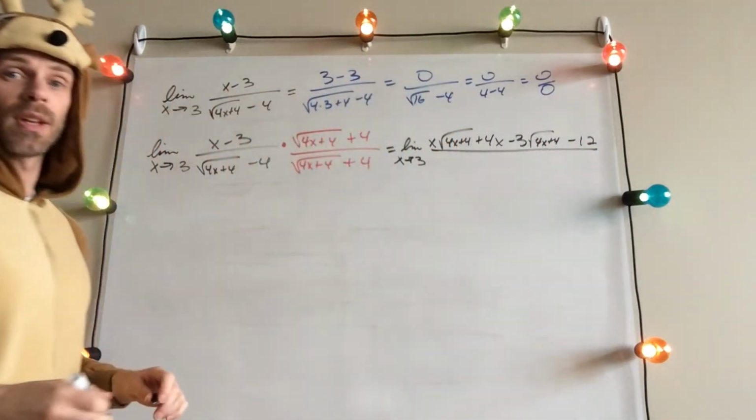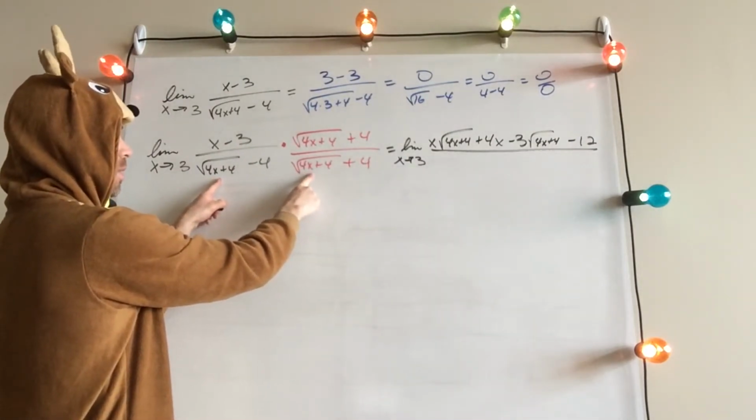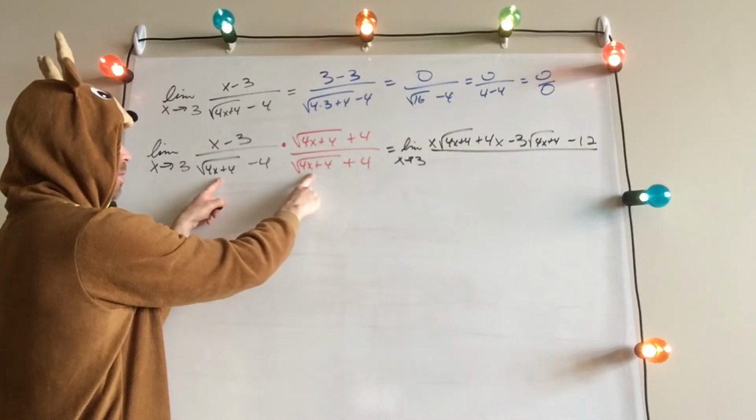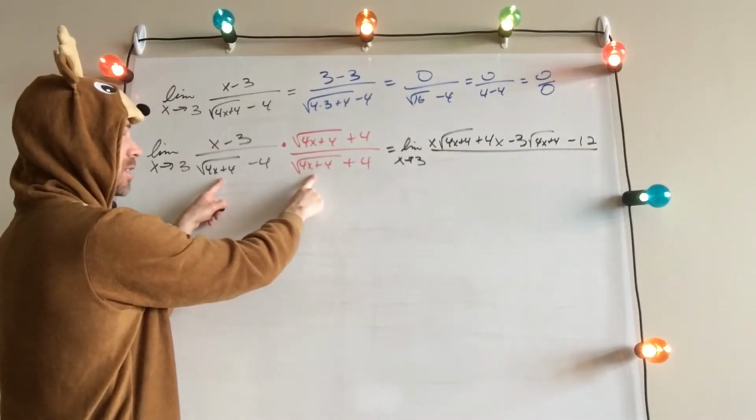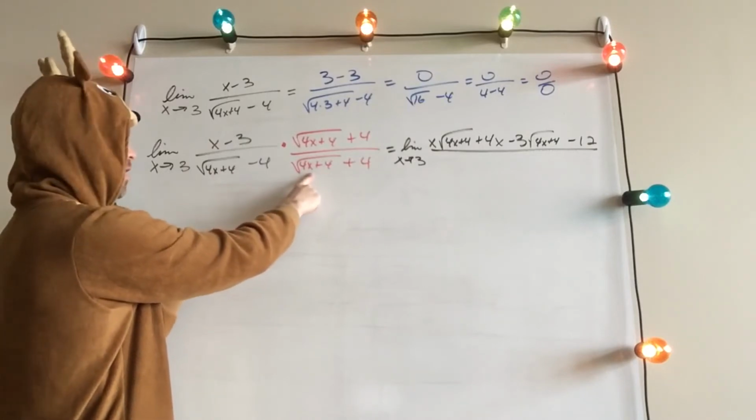Okay. Down low, again, FOIL. When you multiply a square root times a square root, multiplying actually the square root by itself, you're going to get that quantity squared, so it's going to cancel out the square root.